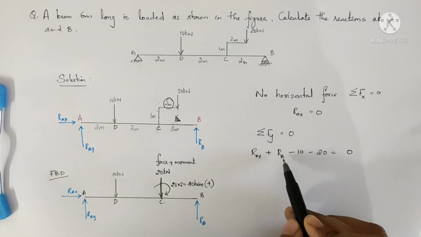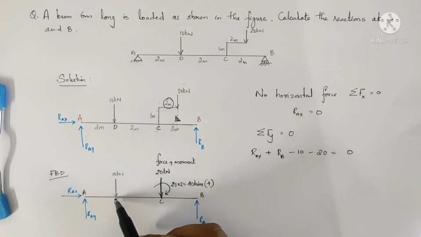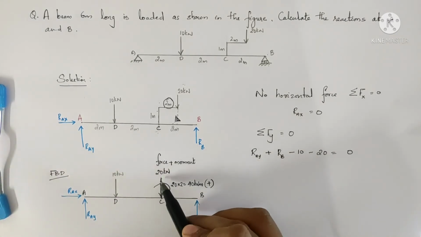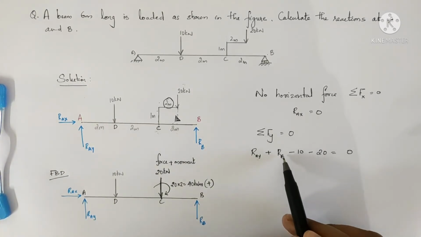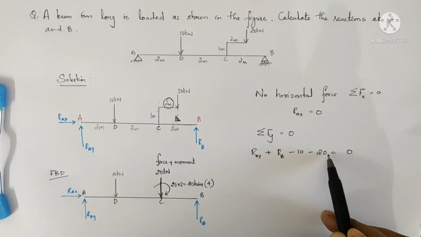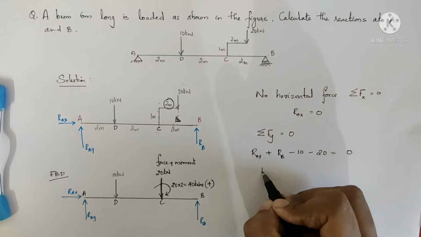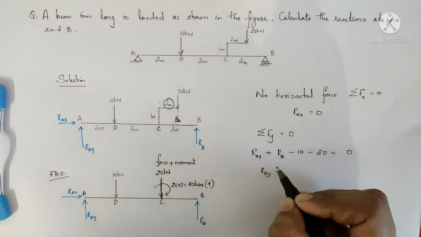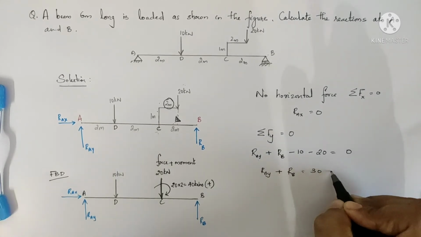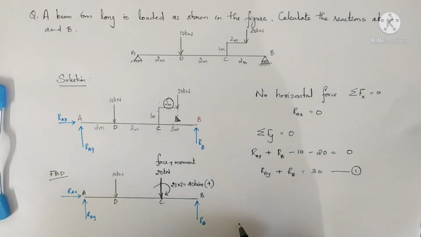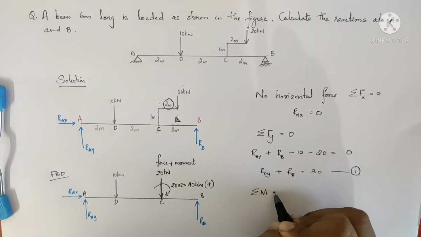So RAY plus RB minus 10 kilonewton acting downward, and the 20 kilonewton force is also acting downward at point C. So RAY plus RB minus 10 minus 20 is equal to 0. That is RAY plus RB is equal to 30, and we take this as equation 1.